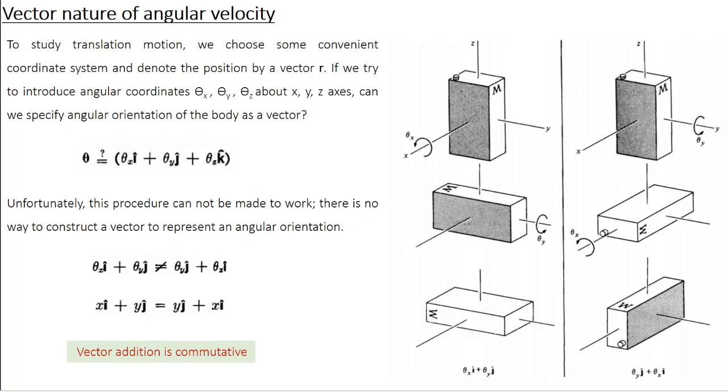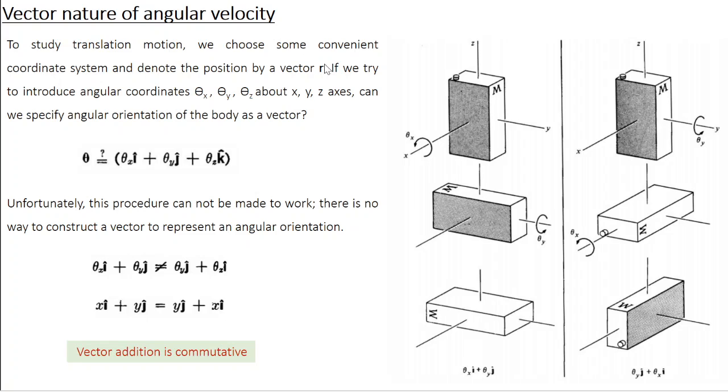For example, if you are choosing a Cartesian coordinate system where the axes are x, y, z, you can write the position vector r as x i cap plus y j cap plus z k cap. Once you define r, you can define velocity as d r by d t, and acceleration as d square r by d t square. Then you can write down the equation of motion and solve it.